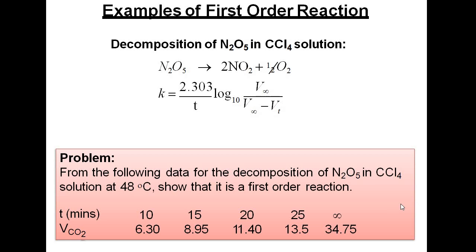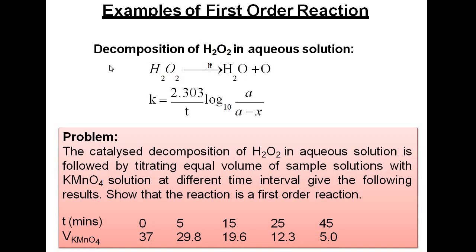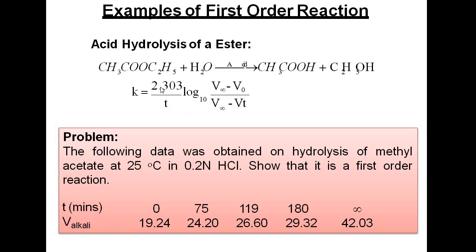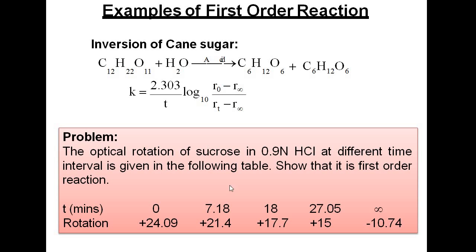These are some problems for your consideration. You can solve them. These problems have been taken from the NCERT books. This is another example, decomposition of H2O2. H2O2 gives us H2O plus O. You can try these problems.